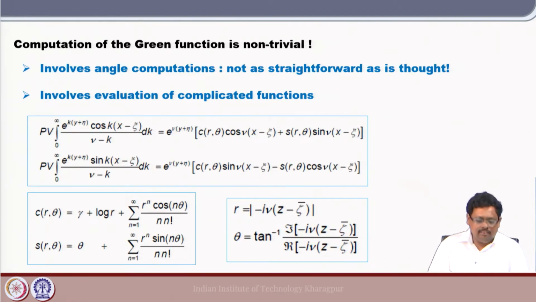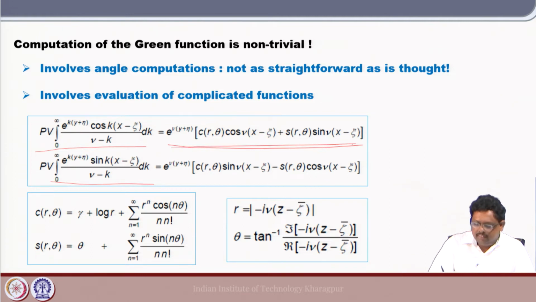Now, here you can see that this is a principal value integral that we are going to solve, because it is in the complex domain, with a cos component and a sin component.